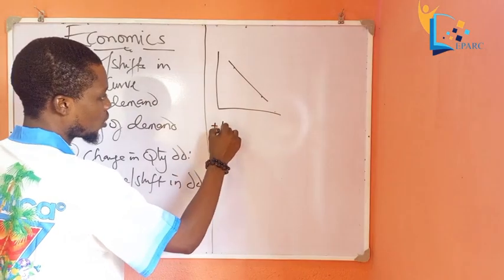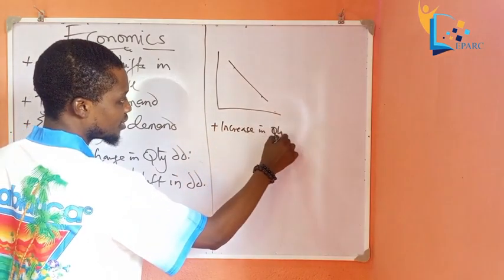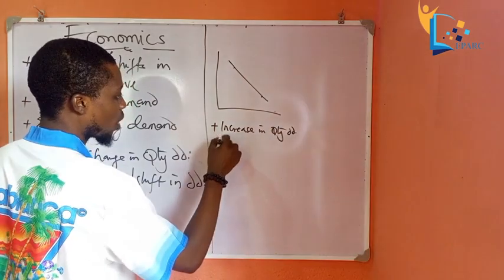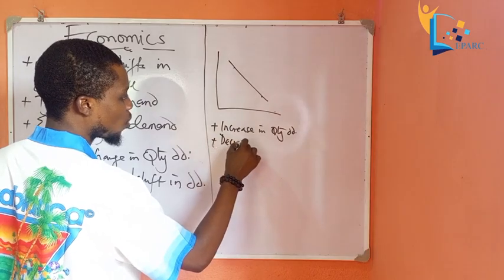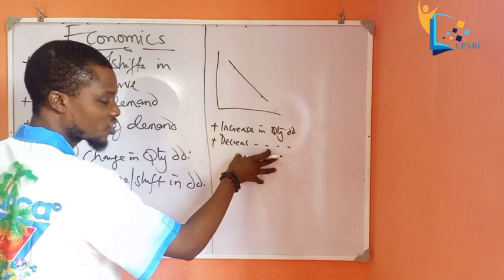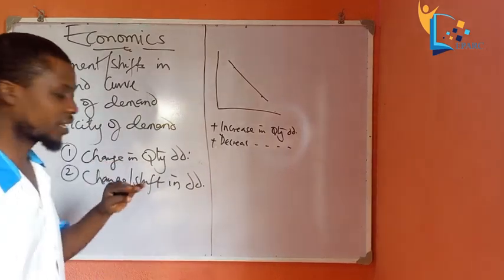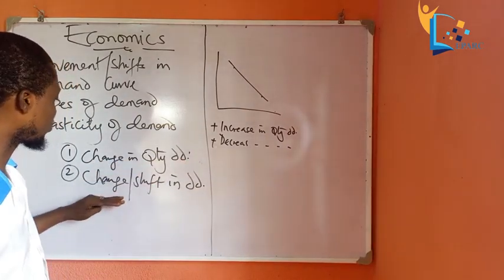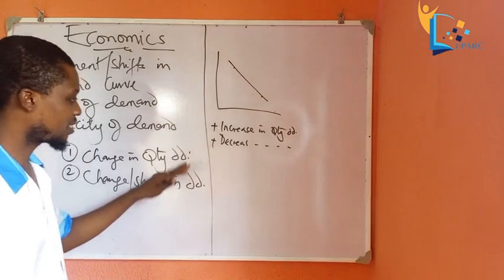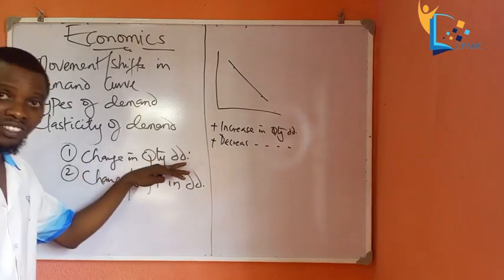Number one, increase in quantity demanded. Number two, decrease in quantity demanded. Change in quantity demanded is not the same as change in demand. They are two different concepts, so we are starting with change in quantity demanded.